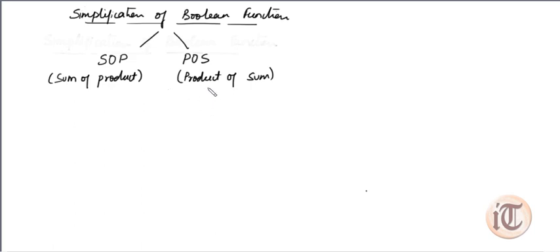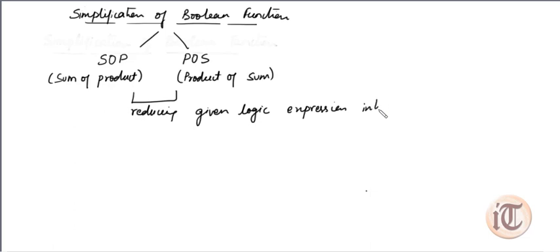These two forms are suitable for reducing the given logic expression into its simplest form. So this is the use of these two forms. We will explain one by one how we express SOP and how we express POS.